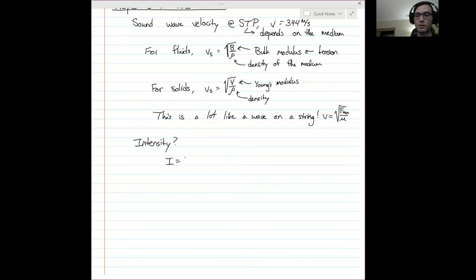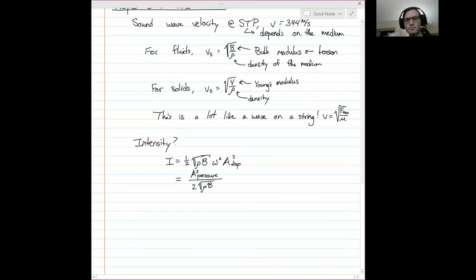The intensity of a sound wave is 1/2 rho B times omega squared times the displacement amplitude squared, or it can be rewritten as the pressure amplitude squared divided by 2 times the square root of rho times B. This is, again, in a fluid. So let me put a box around this just so you know it's important later.